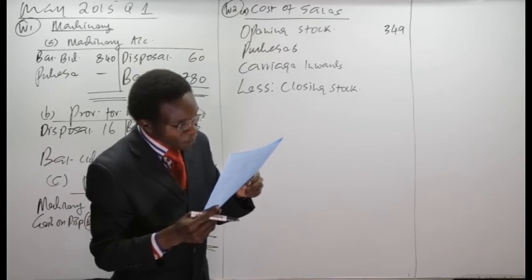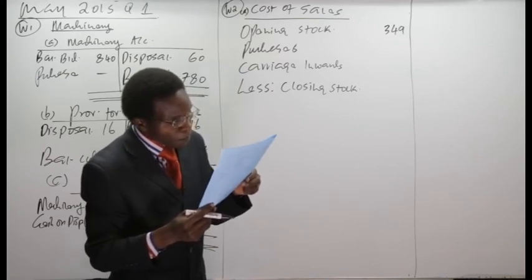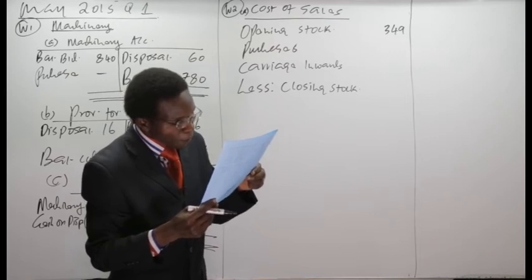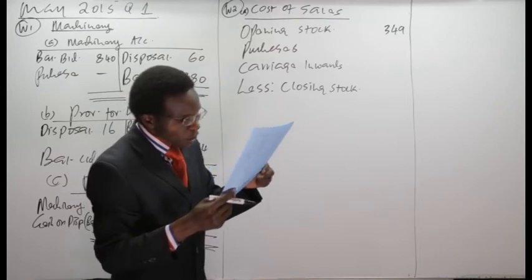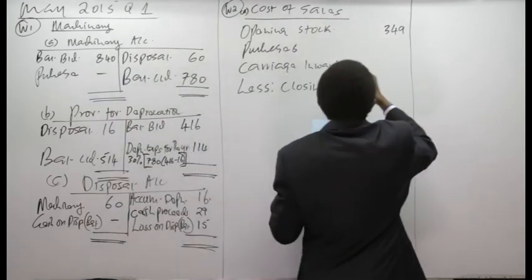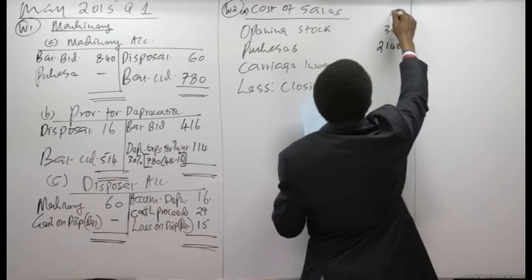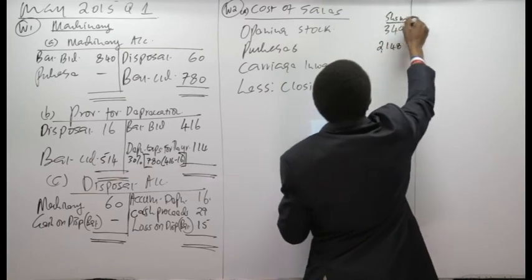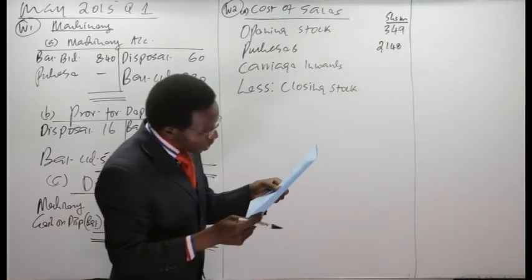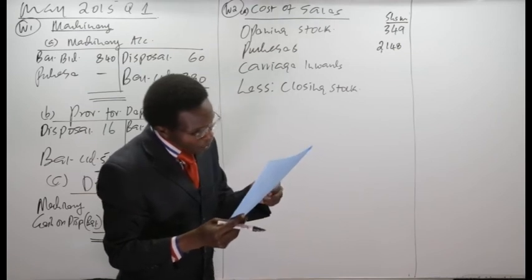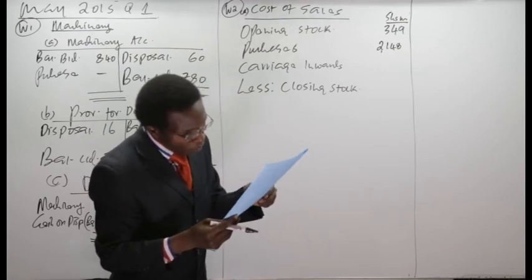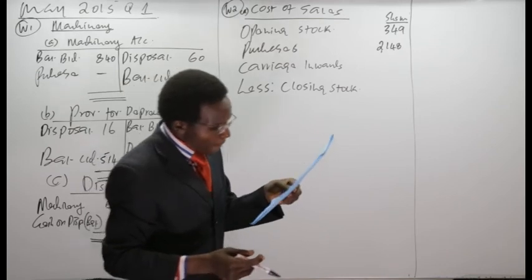The purchases, friends, as I can see there, the purchases is 2148. Our figures are in millions. Don't forget. Carriage inwards is a figure of 34.